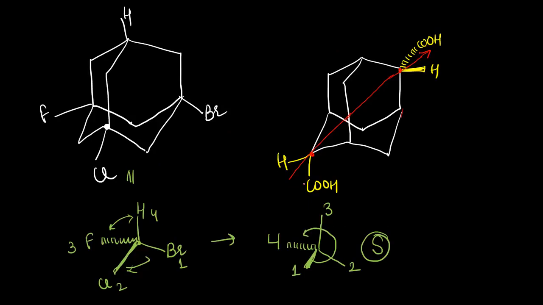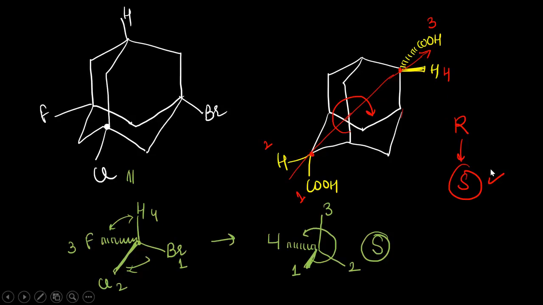So give priority numbers 1 and 2 to the plane side, and these groups will get third and fourth number, as we have done in allene systems, spiro systems, biphenyl systems. Now draw the arrow 1, 2, 3, it is going clockwise, so our configuration is R. Okay, so is this okay? No, it is not okay. Check, the fourth priority group should be on the dash line. So our final answer is S.